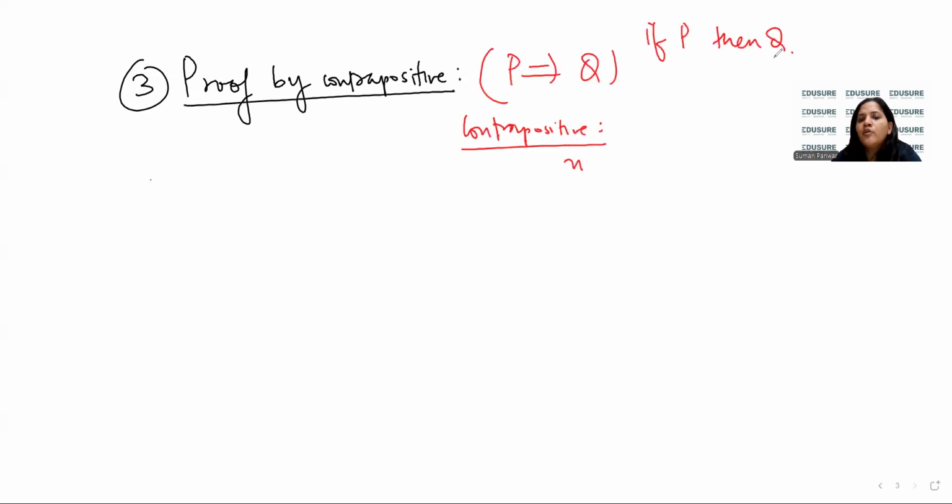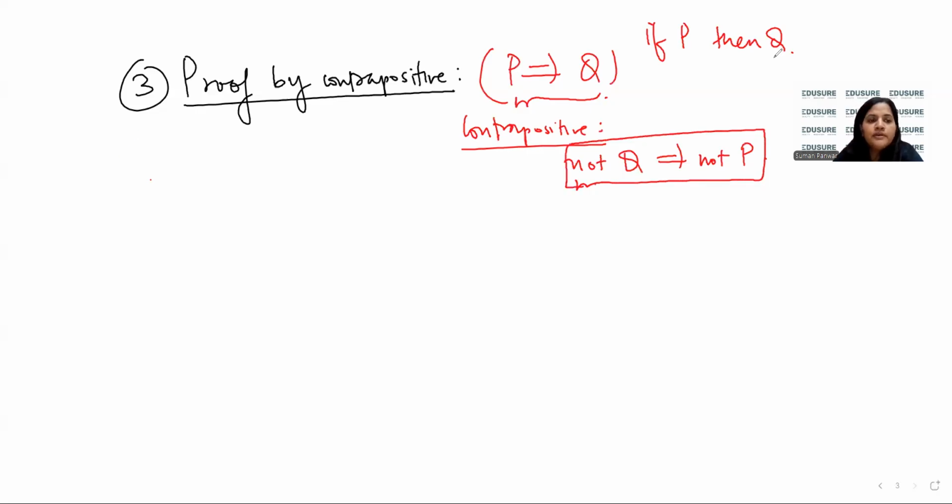Not Q implies not P. Okay. So if we are not able to prove this, it is better that we prove this. This is known as proof by contrapositive.